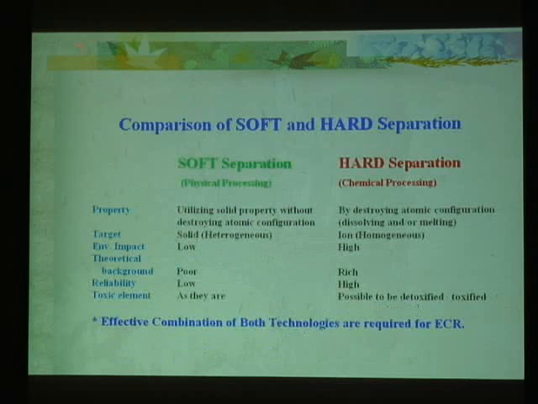Then the compositional separation technology can be divided into two kinds. I just created these terms: soft separation and hard separation. In other words, soft separation can be replaced by physical or mechanical separation, and hard separation can be replaced by chemical processing, melting or dissolving in some solvent.